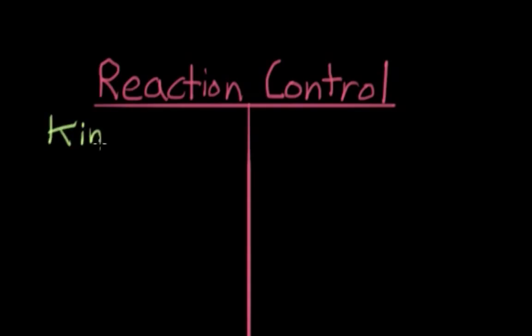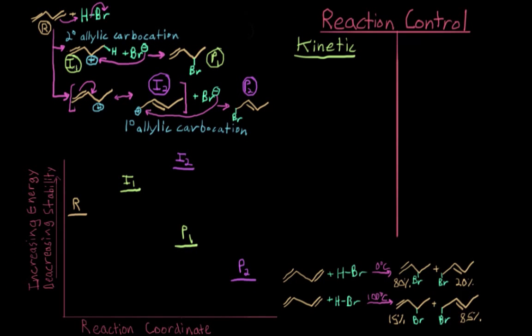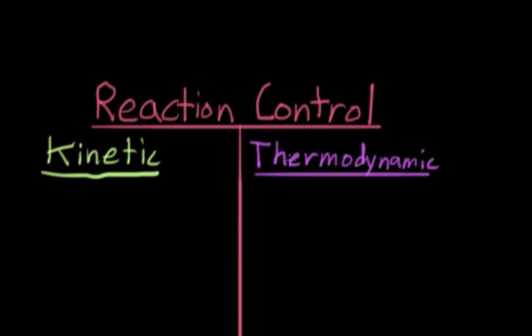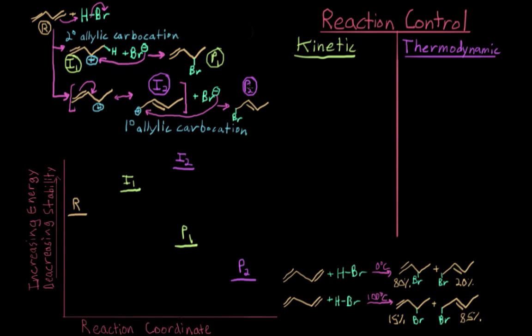We have kinetic control over a reaction, and notice that this is honeydew colored, and so are P1 and I1, same with down here. And then the other type of reaction control is thermodynamic. You'll notice that in this lavender color, I've labeled I2, P2, thermodynamic, and same down here on our reaction coordinate diagram.